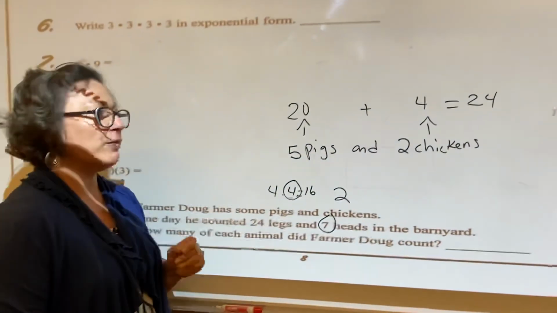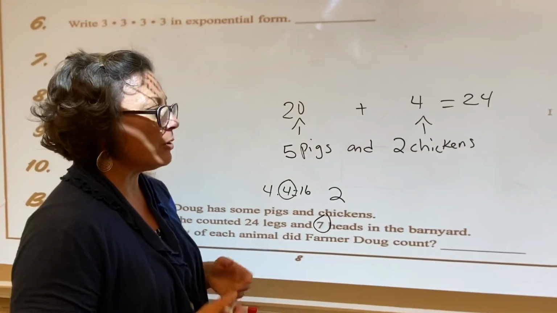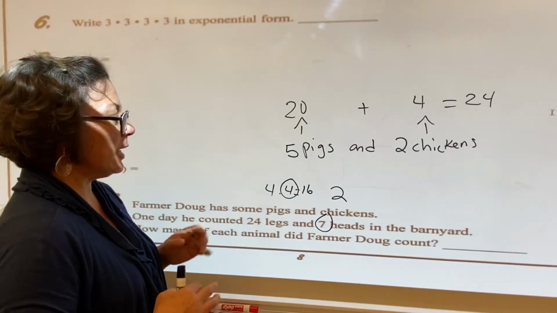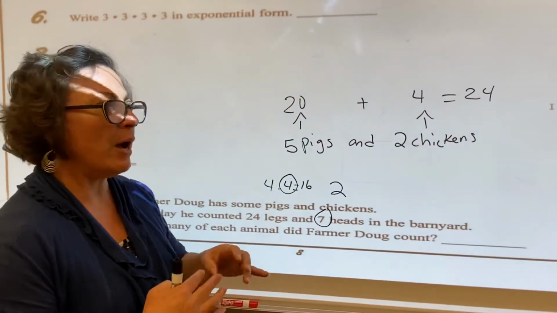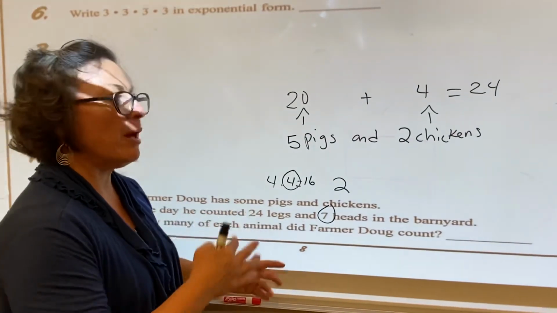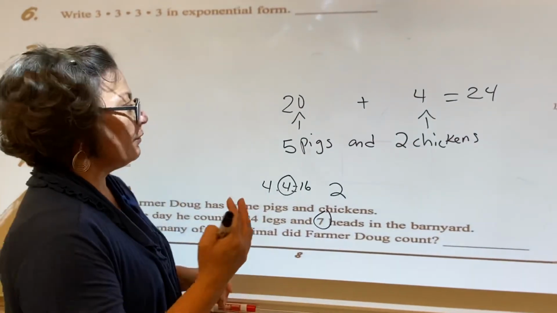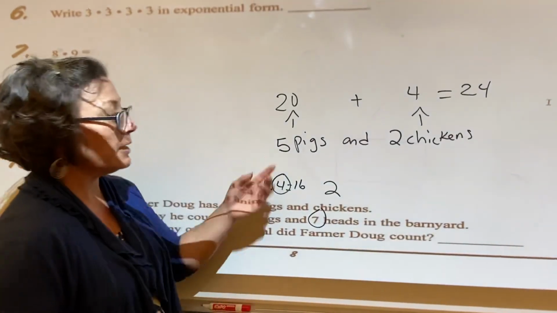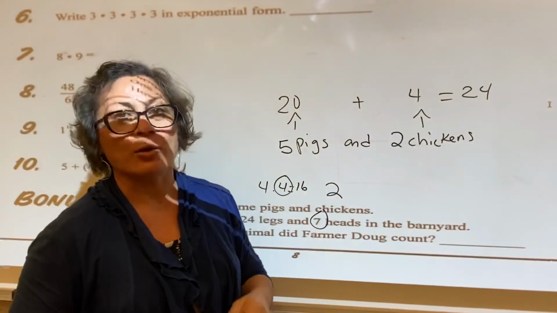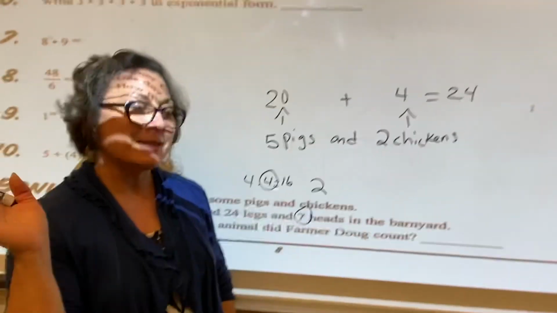Yeah, a little bit of thinking involved here. Obviously you have to make your additions, and your legs and all of these have to be in place. But this is a perfect example of how you have to kind of throw in numbers and see if it works. If it doesn't work, because we have to have a total of 7 heads, and 5 pigs and 2 chickens make our total of 7 heads. All right, guys, see you next time.